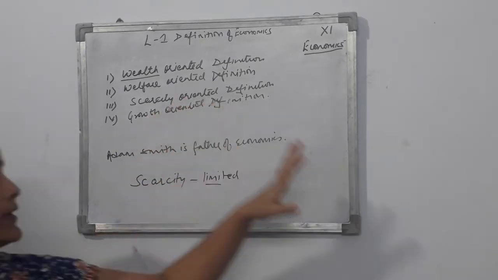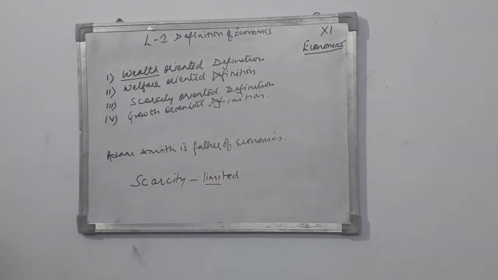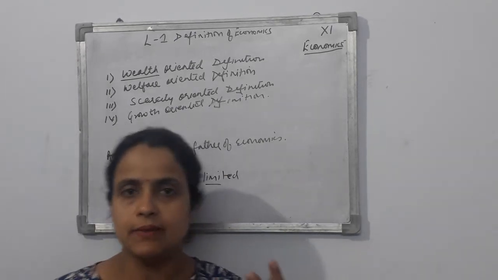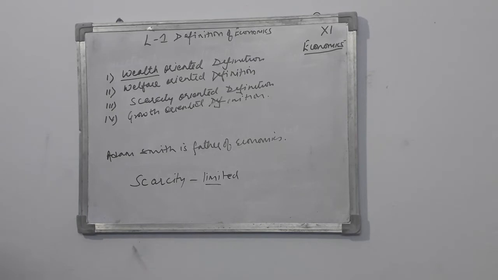So the third type of definition we are going to read in this chapter will be related to scarcity. And I told you the meaning of scarcity. The meaning of scarcity is being limited, a position of being limited. The other things are called limited, right?